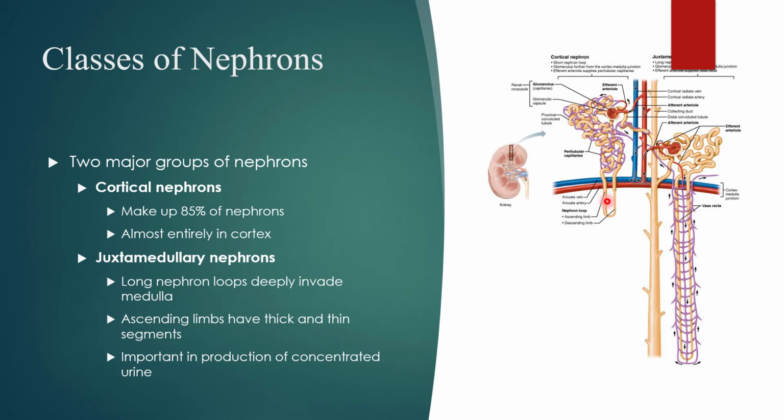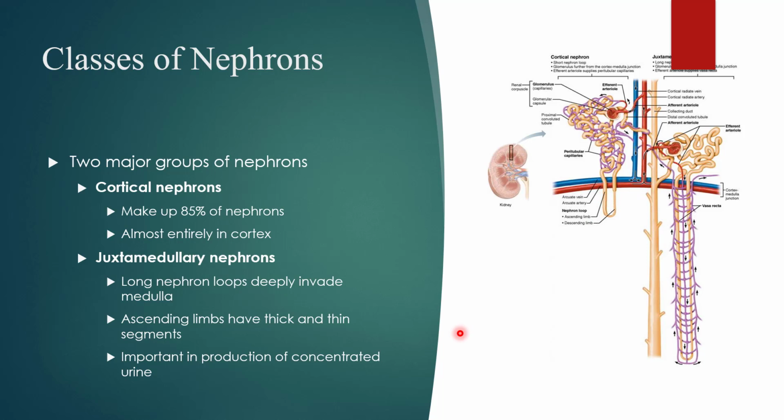This is because the purpose of your loop of Henle is to reabsorb water. Imagine if you have a long line of ducts reabsorbing water, then the urine that you're going to be producing for that group of nephrons will be concentrated because you are reabsorbing a lot of water. This one here doesn't do that.